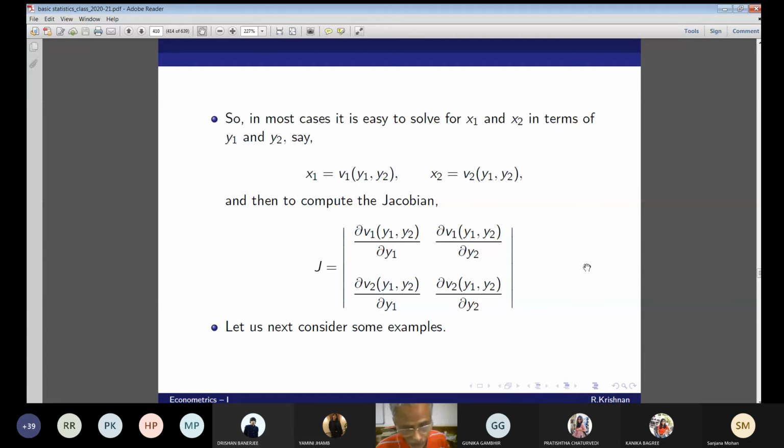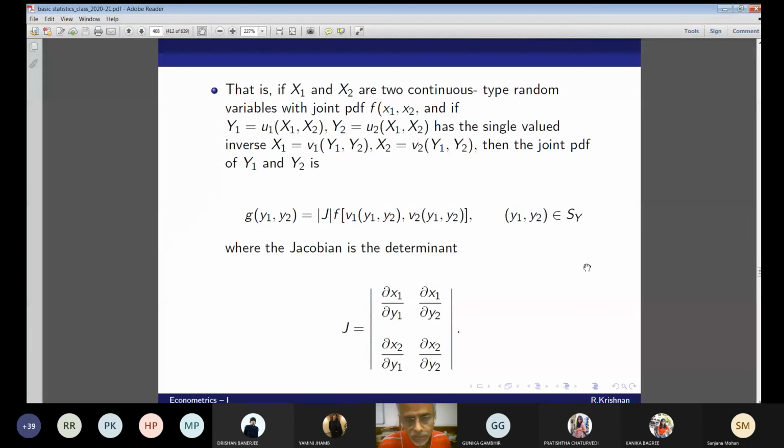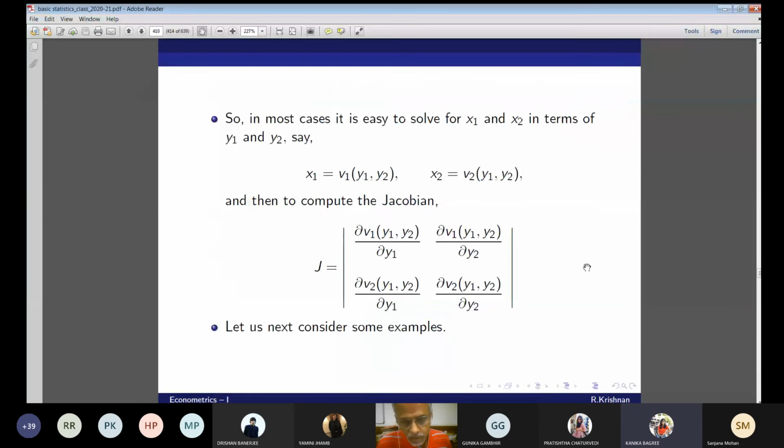The joint PDF of y1, y2 using this rule. Only y2. Somebody said the answer. What is that? Where is the Jacobian? Where is the f? Sir, sorry, 2y2.